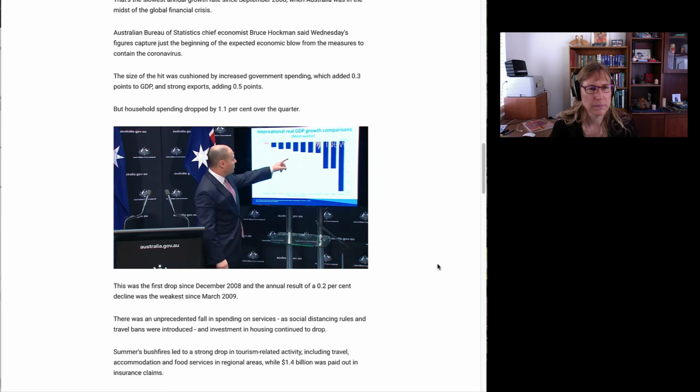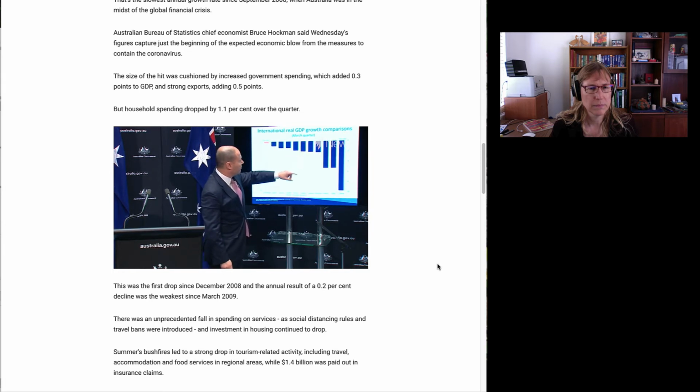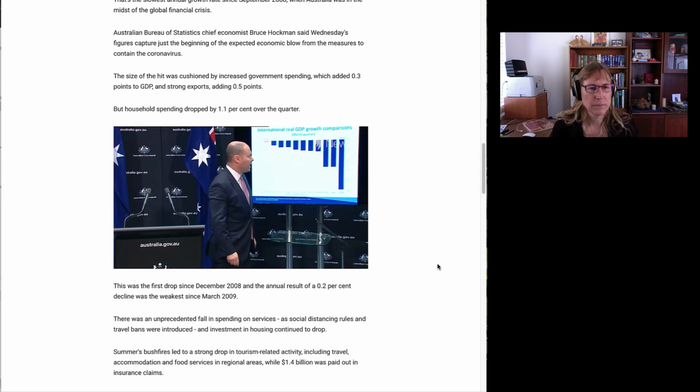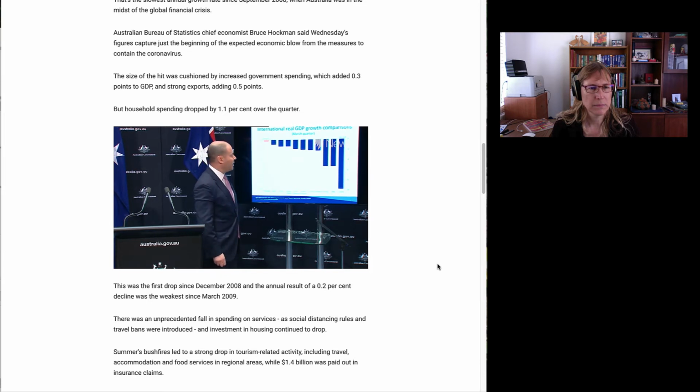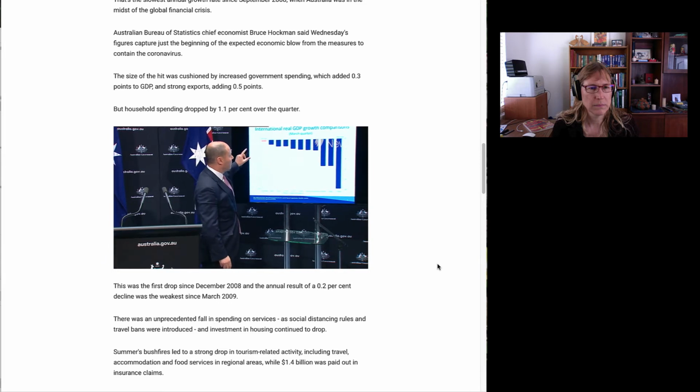The United Kingdom, Canada, Germany, France at nearly 6%, Italy, and then of course China at 9.8%, which saw the coronavirus emanate from. That chart shows Australia's relative performance in the face of a global, once-in-a-century pandemic.